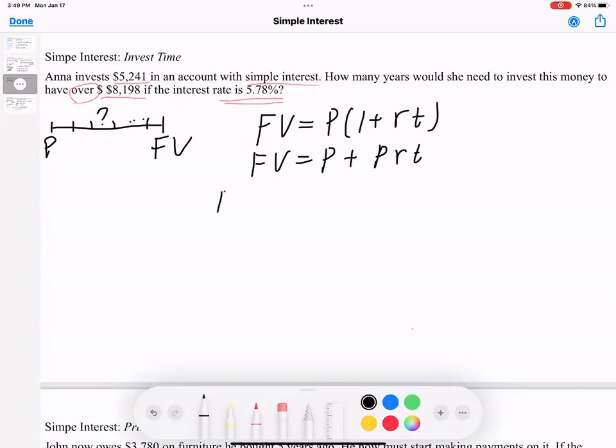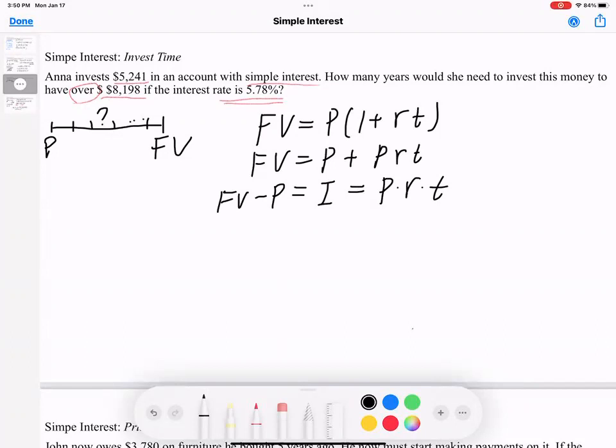So the difference between the present value and the future value, which is the seeking amount, is simply the interest. That's P times R times T: principal times annual interest rate is every year's interest payment, and multiplied by the amount of time, that will be the total interest.